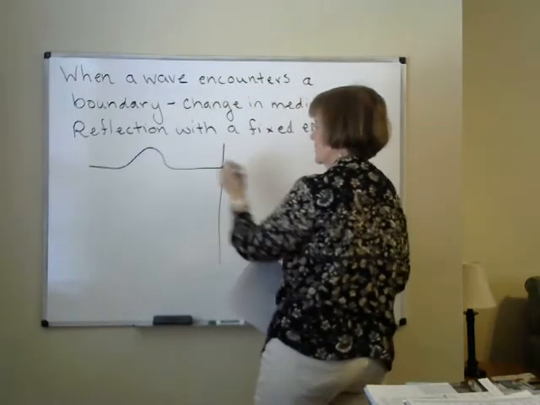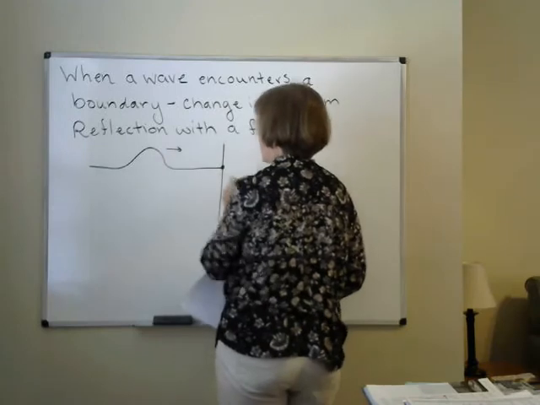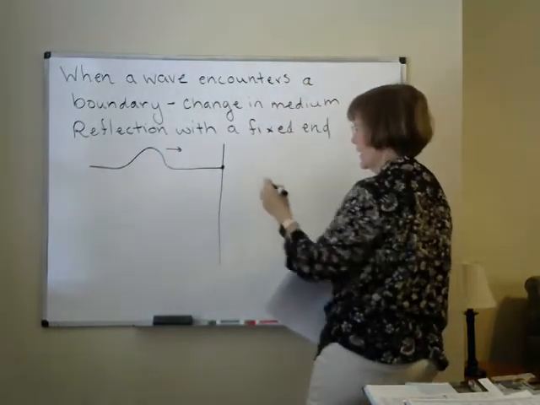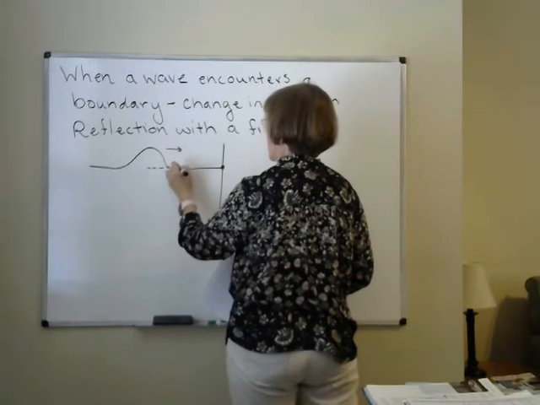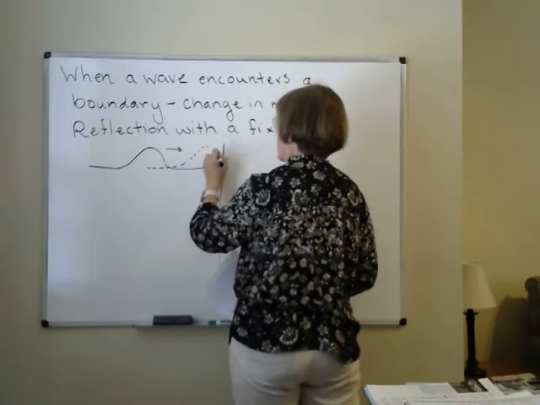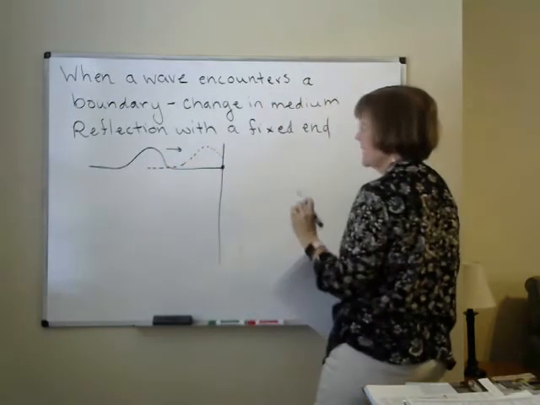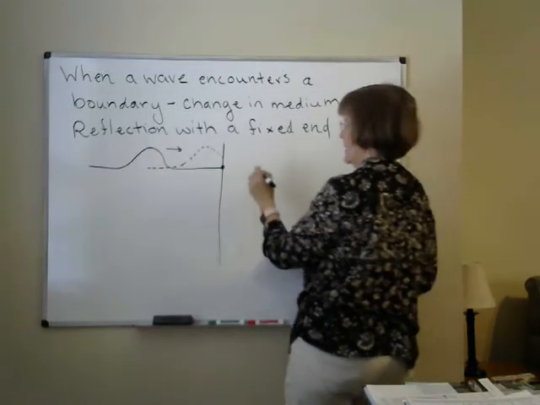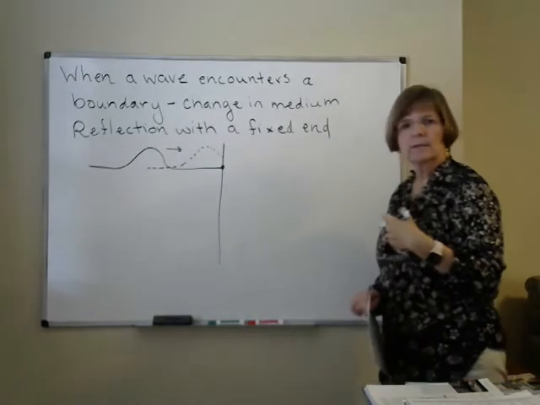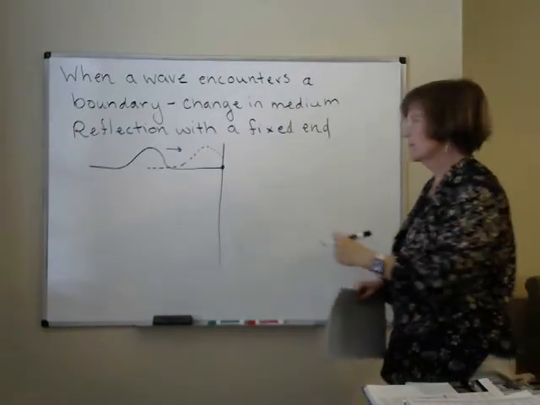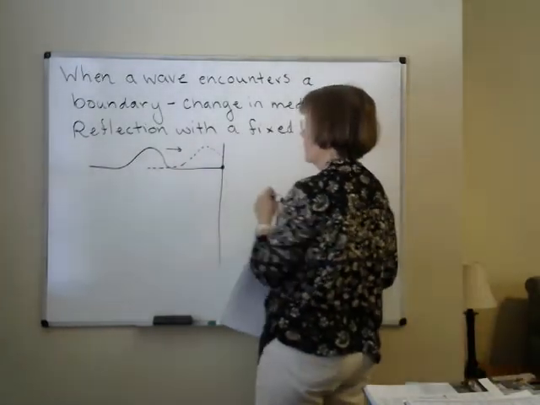It's not free to move. Well, think of what happens when that wave reaches this point. This wave is actually pulling up. So the wave pulls up on the wall. If you can envision that wave when it reaches over here, then it'll be pulling up on the wall.